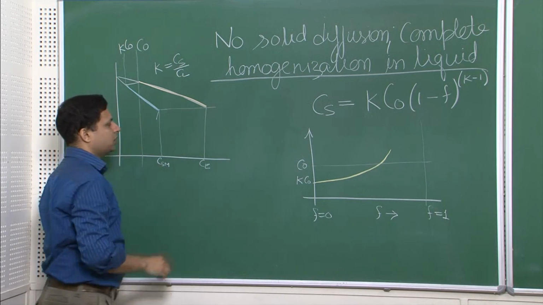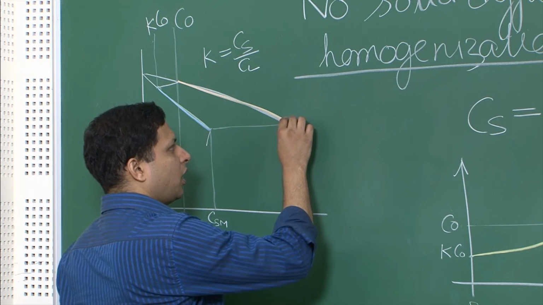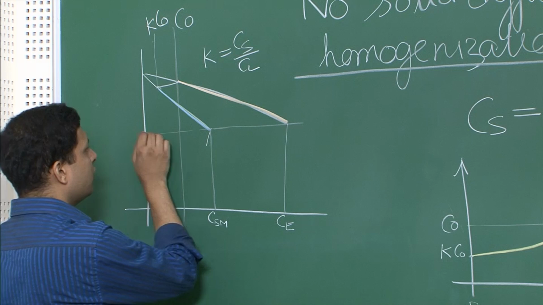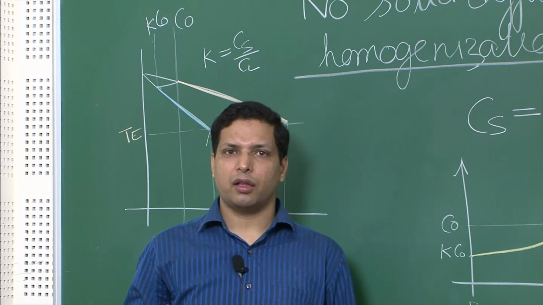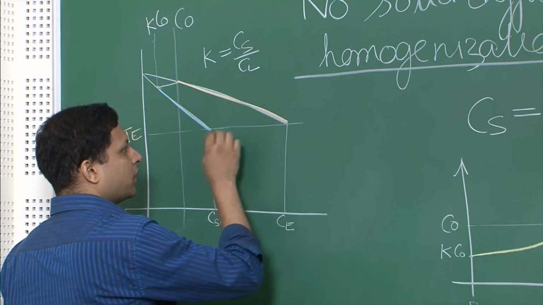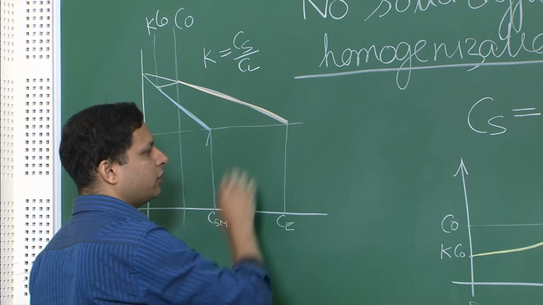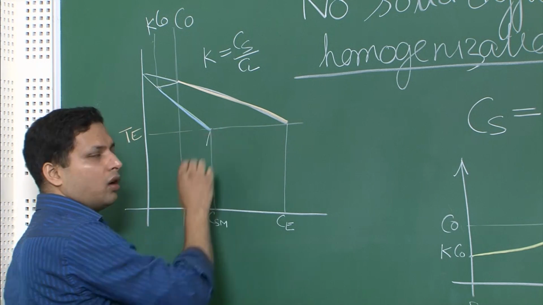Now, can the liquid concentration go beyond this? If the liquid reaches this point, it means the temperature is this TE, and if you go below this eutectic temperature, then the solidification takes place. So, the answer is no, the solid concentration will not go beyond this and the liquid concentration will not go beyond this.